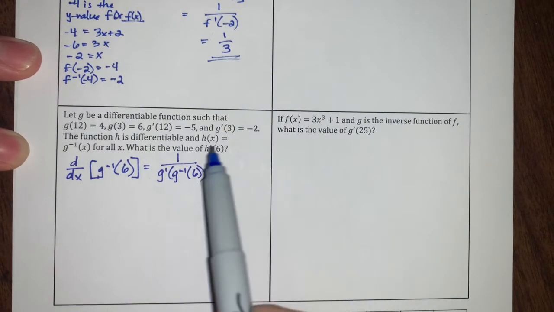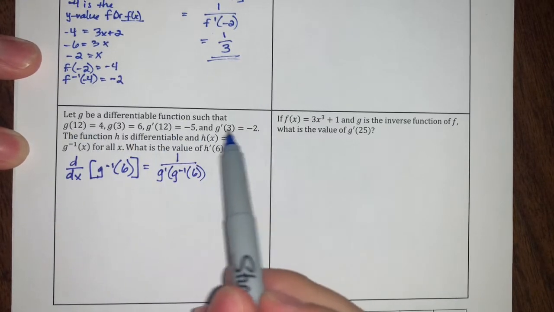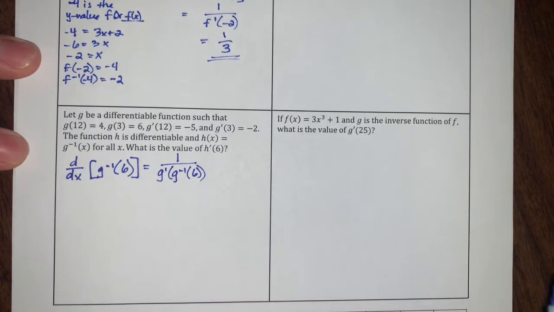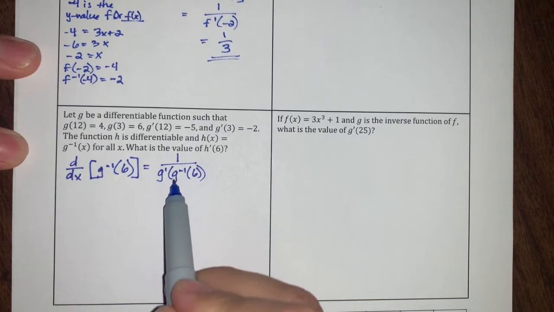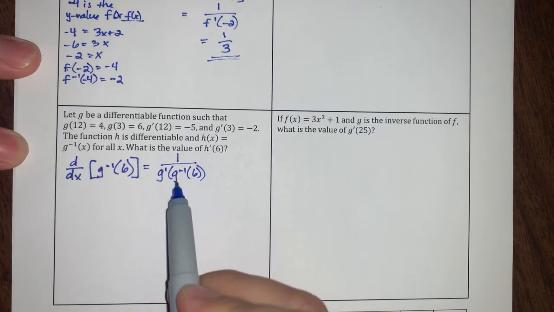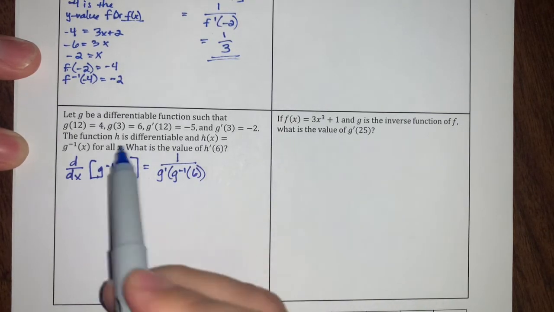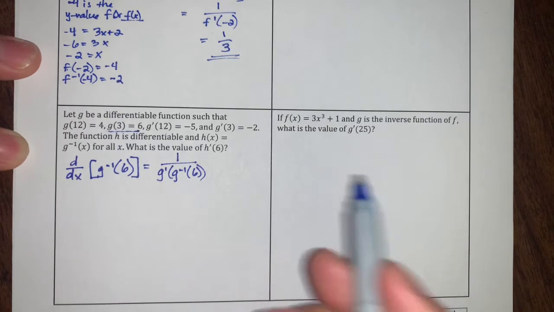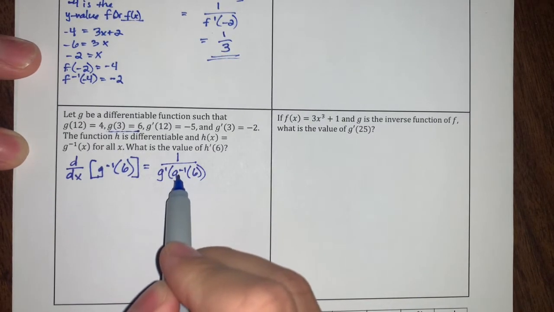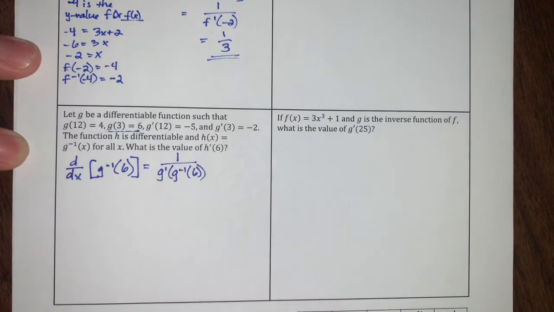They gave us a lot of different things here to potentially work with, but some of this we're not even going to look at. So if I want to know the g inverse of 6, well, first of all, where do I even have a 6? I have this right there. And again, you have to recognize that for the inverse of g, I have to swap my x and my y.